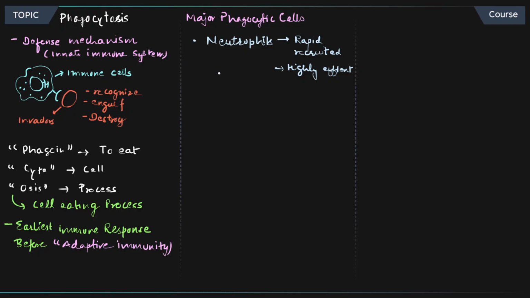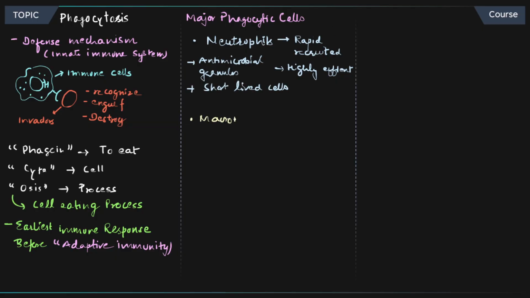Next, they produce a lot of antimicrobial granules. Let me write it down, granules. The fourth feature of these neutrophils is that they are short-lived cells, not very long-lived. These are the main components.